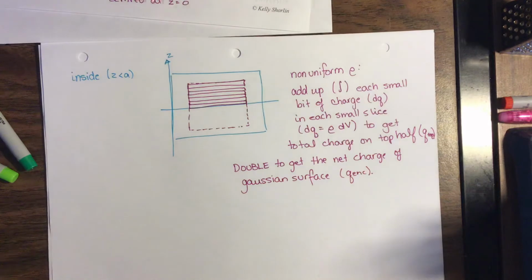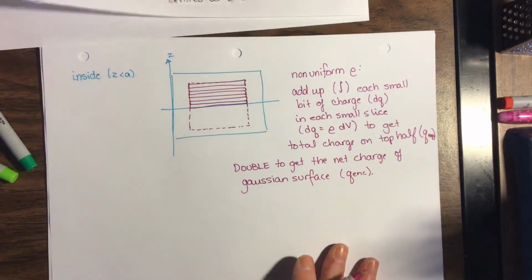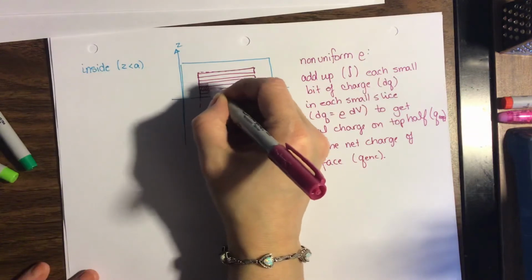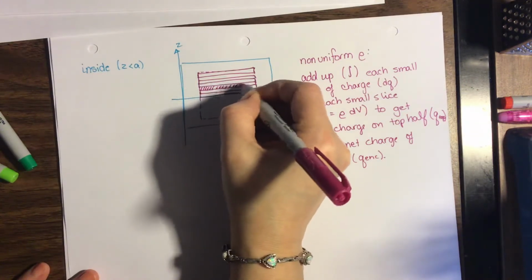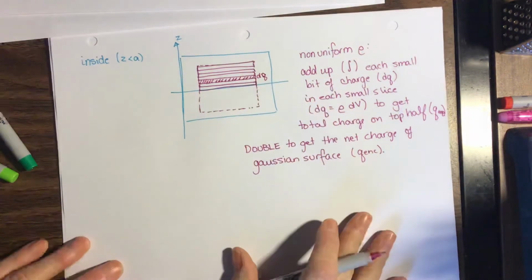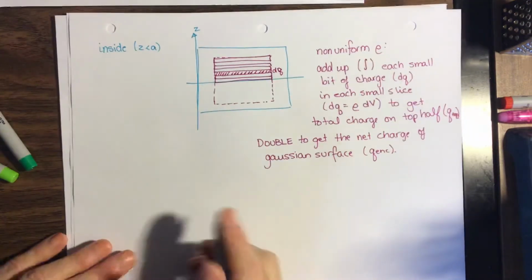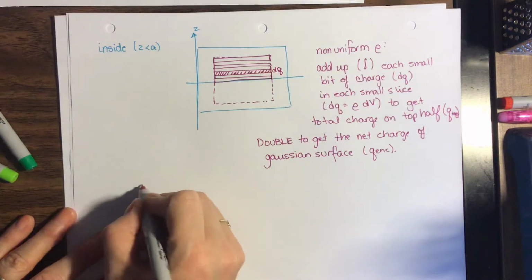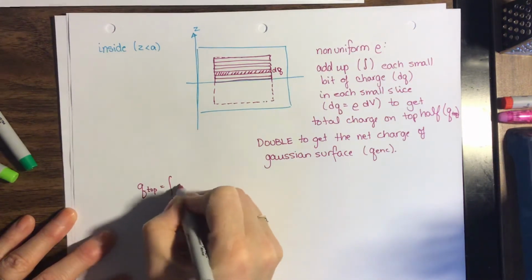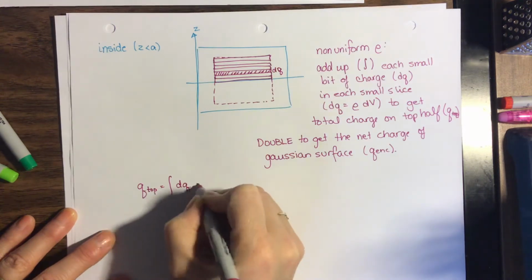Okay, hopefully that strategy is clear. So normally we identify one small such area, and we'll call its charge dq. That little bit of volume we've identified has volume dV. So my Q for my top half is the sum of all those little dq's.